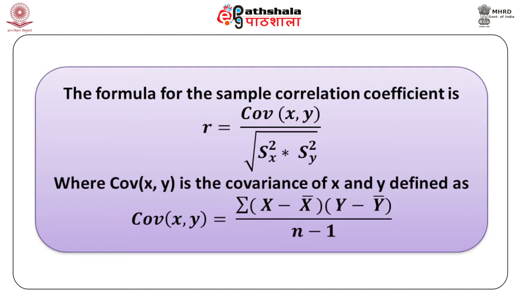The formula for the sample correlation coefficient is r equals covariance of x and y divided by under root sx square multiplied by sy square, where covariance of x and y is defined as covariance x comma y equals summation x minus x bar multiplied by y minus y bar divided by n minus 1.